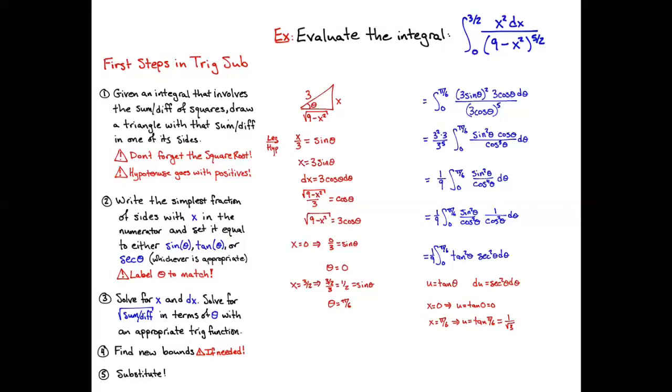And so I get the integral from 0 to 1 over square root 3 of u squared du.